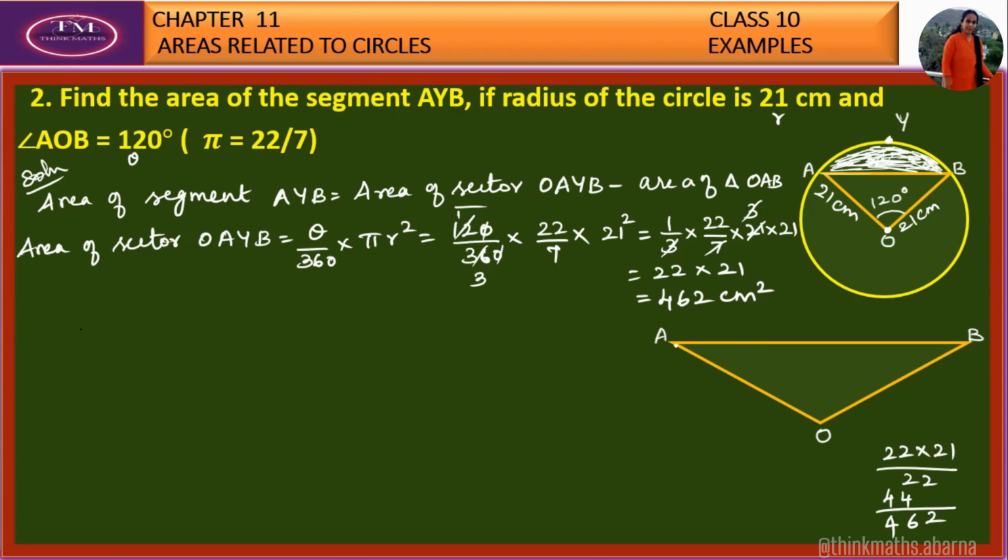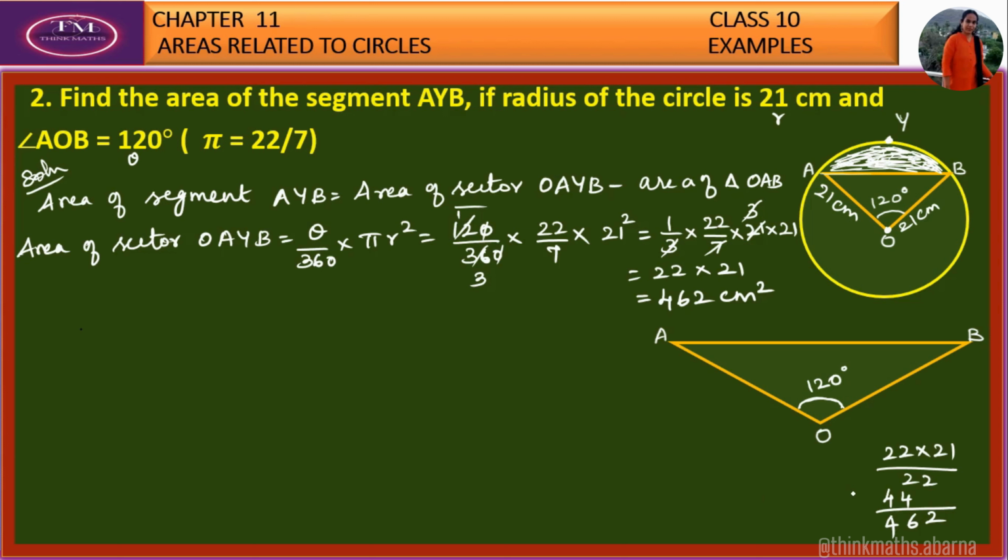Next we have to find out the area of the triangle AOB. Here this angle is 120 degree. We know the sine values for 0 to 90 degree. As the angle here is 120 degree, we cannot use the formula 1 by 2 r square sine theta.